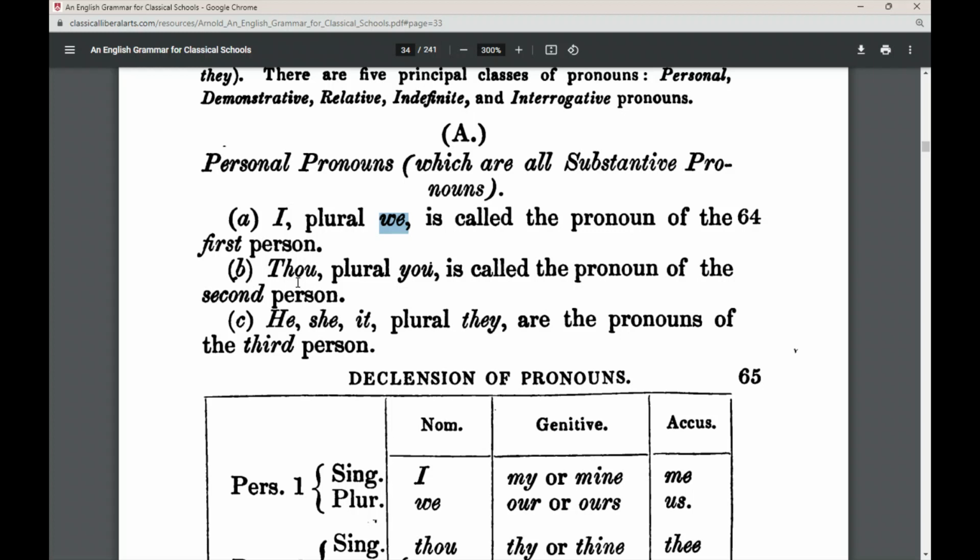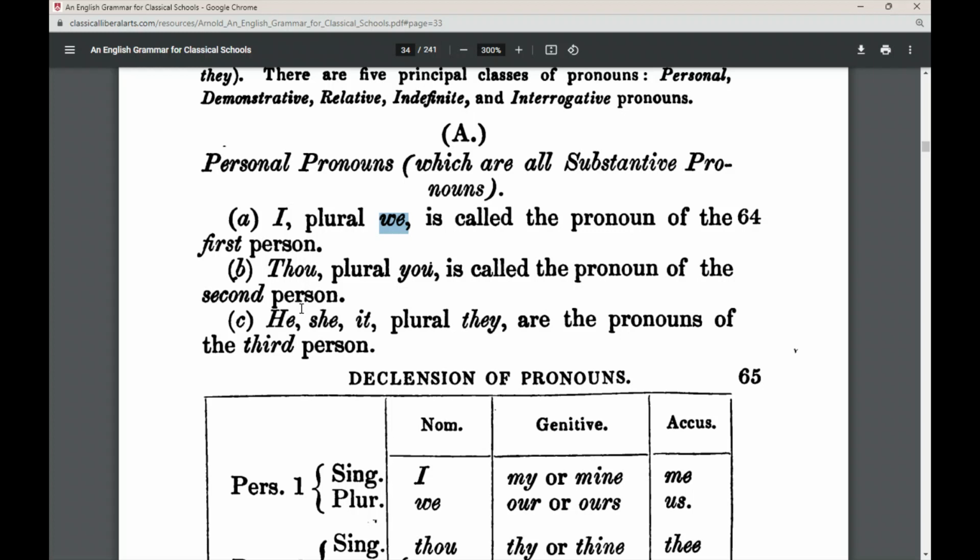The second person, thou, which in the plural is you, is called the pronoun of the second person. And when we talk about first person and second person, it's helpful to think of them in terms of a conversation. The person who's speaking speaks about himself in the first person. He says, I woke up at 7 a.m. this morning.